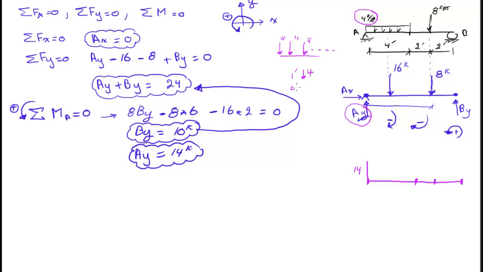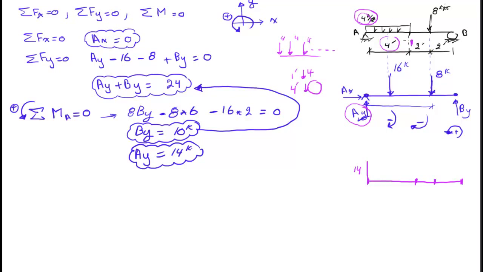So what happens at 4 foot? How many kips I should go down? That's the answer basically to the value of the shear force here. So I'm starting with 14 and I'm going down at a certain rate, which is 4 by 4 by 4 will get me the value over here.